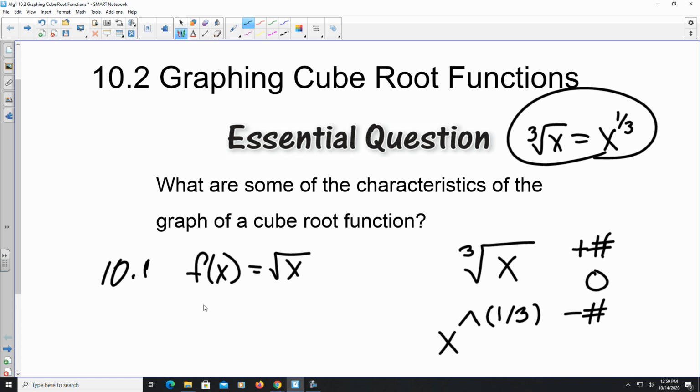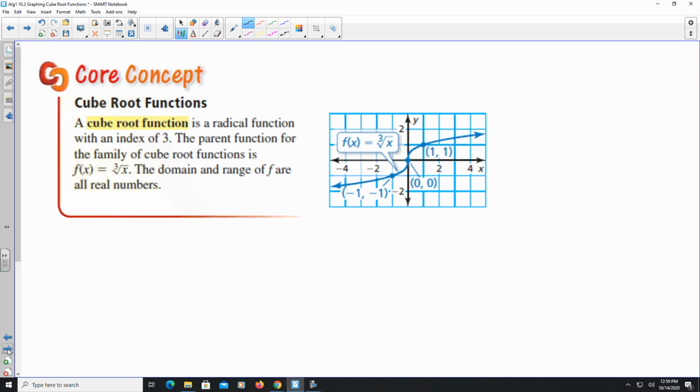So when you are looking at a cube root function, we have the capabilities of choosing any value for x to get a result for y, or f of x.